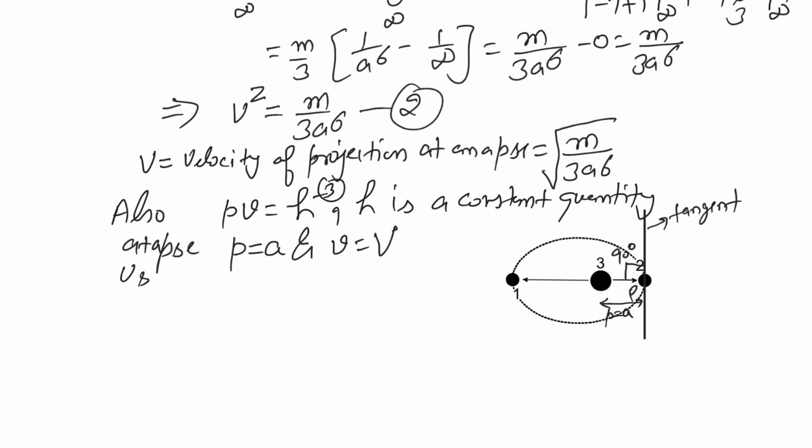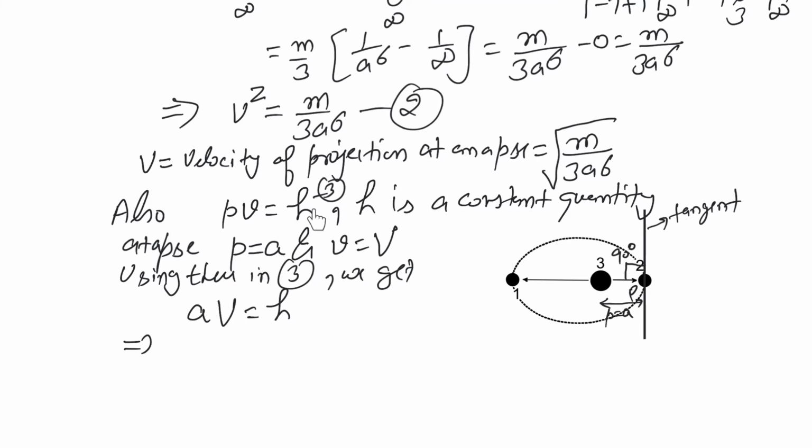Using these in 3, we get a V equals h. We are interested in finding the value of h, where h is a constant quantity.